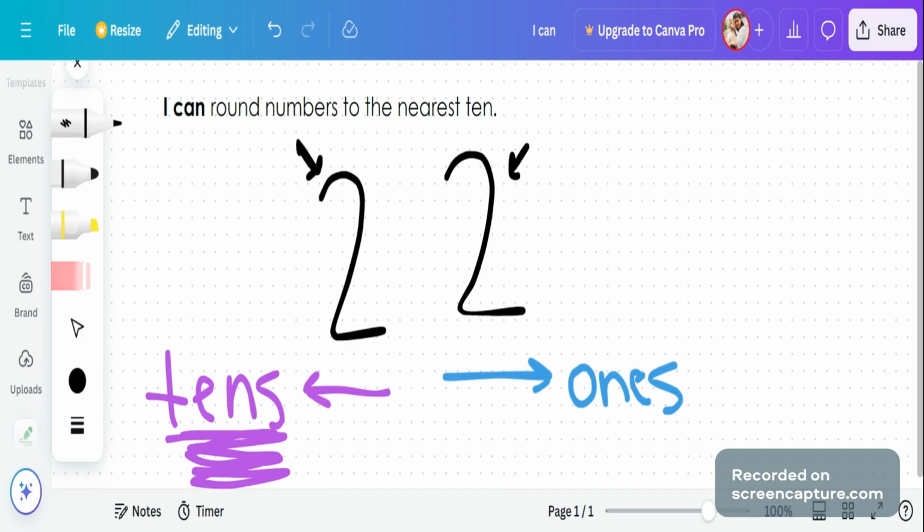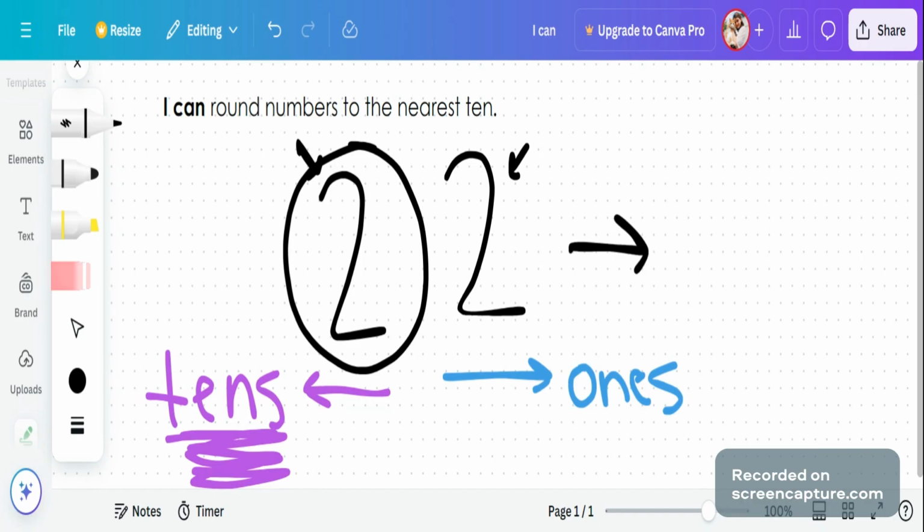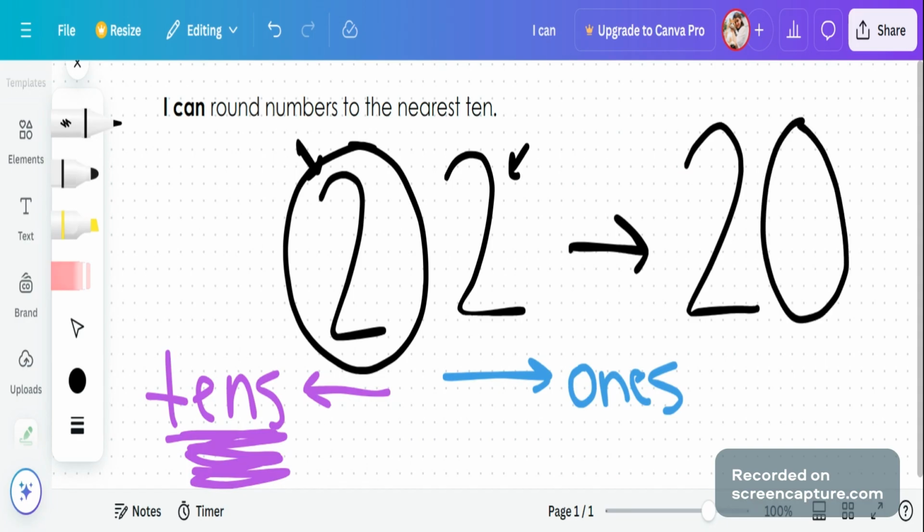So that means we're rounding down. So the number in the tens place is going to stay the same, and the number in our ones place is going to change to 0. So the 2 in the tens place remains, and the 2 in the ones place turns to 0. So the number 22 changes to 20 when we round it to the nearest 10.